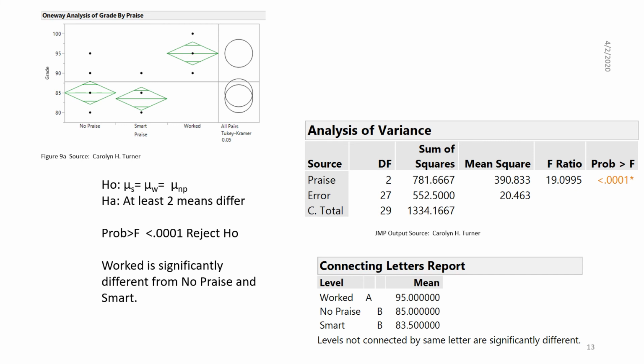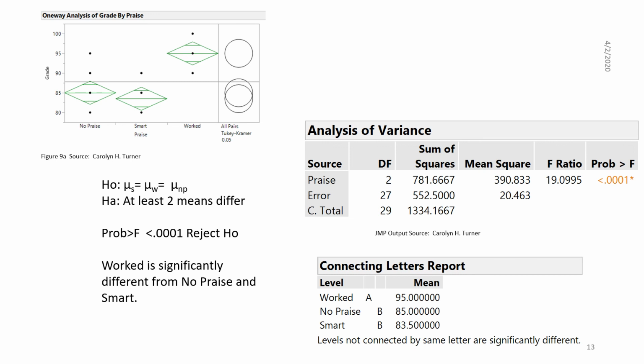But you notice the worked hard group has a circle all unto itself. It's the group that's different. And because it's up higher on the scale for the grades there, the worked hard group scored significantly higher than the other two groups, which were not significantly different from each other.